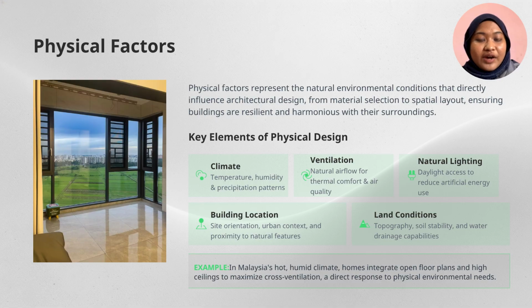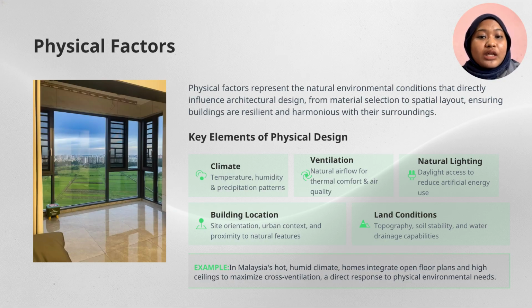healthier living environment. The fourth element is building location. Factors such as the orientation of the house, nearby surroundings, and access to natural features all influence the design functionality of the home. Lastly, we have land condition. Before construction begins, developers must consider the soil quality, topography, and drainage system to ensure the building remains stable and safe.